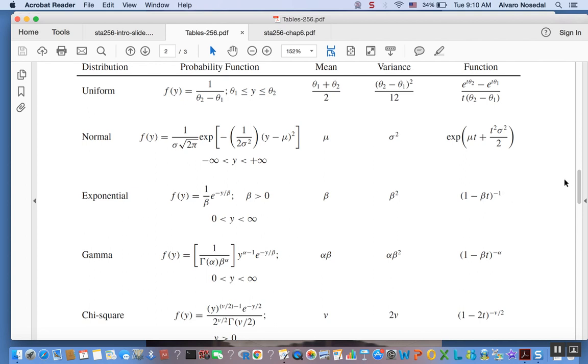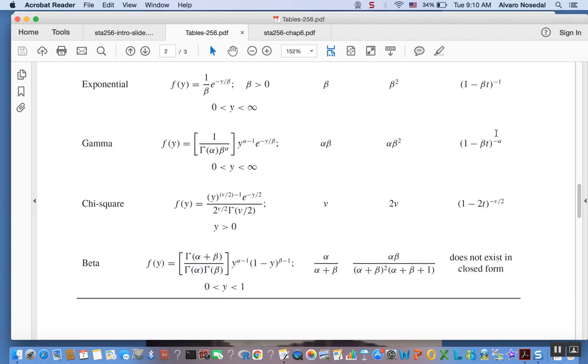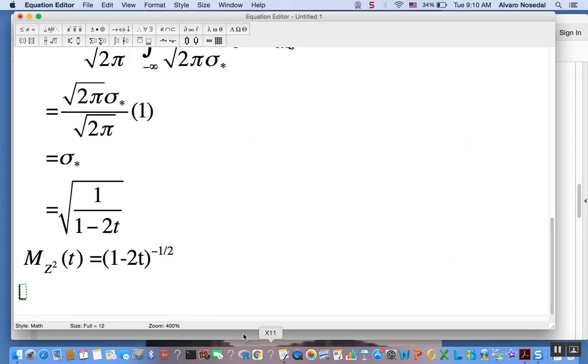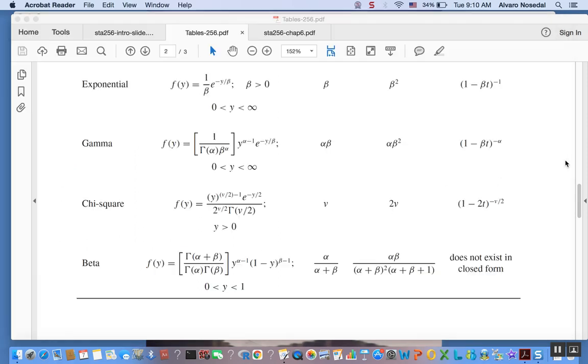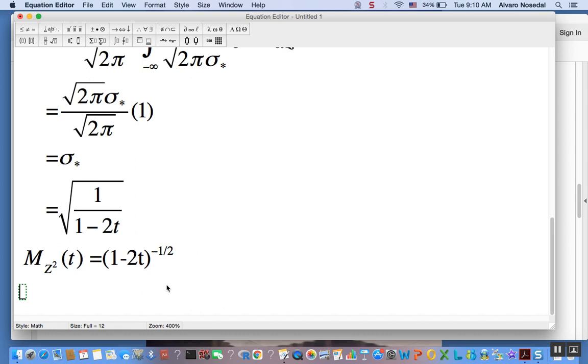Oh, this one could work. 1 minus something times t to the power of a different something. So in this case, beta would be equal to 2 and alpha would be equal to 1/2. So the MGF we ended up with is the MGF of a gamma with parameters alpha equals 1/2 and beta equals 2. So let's say that.